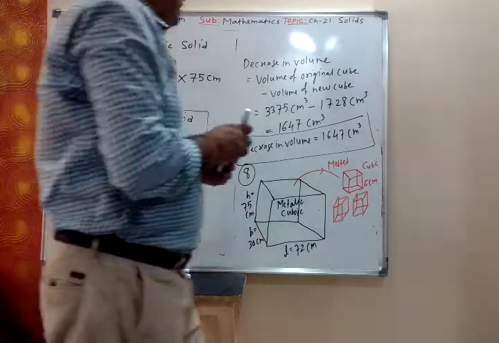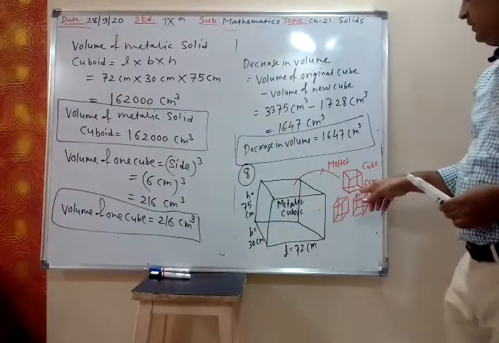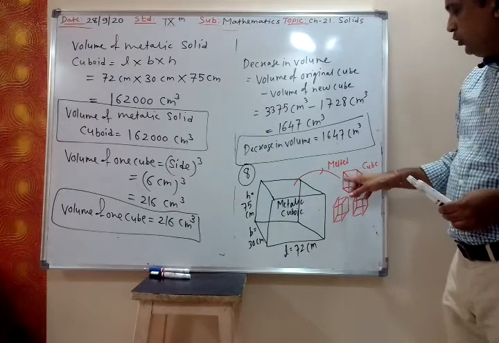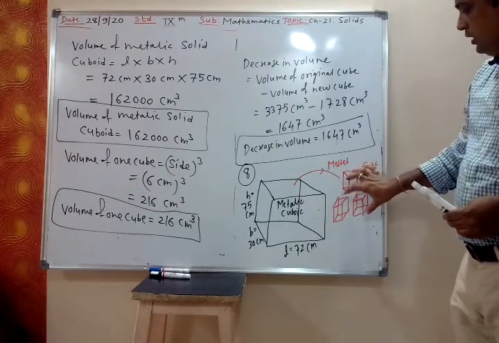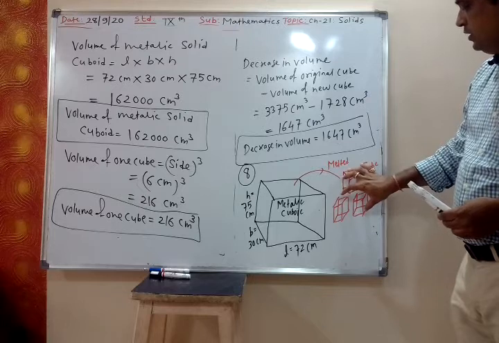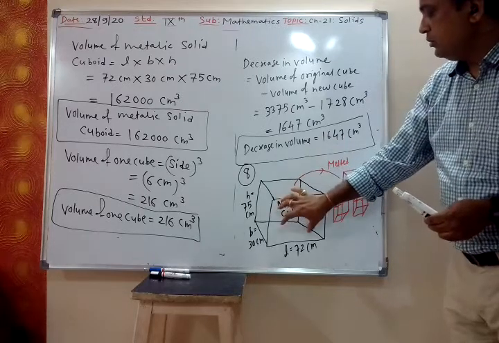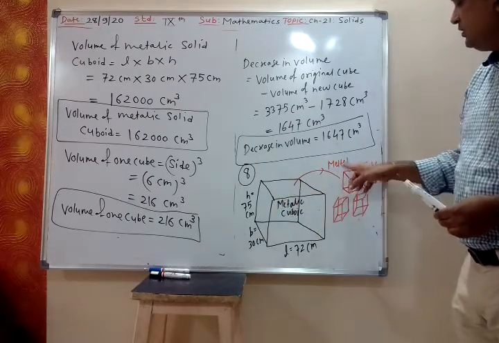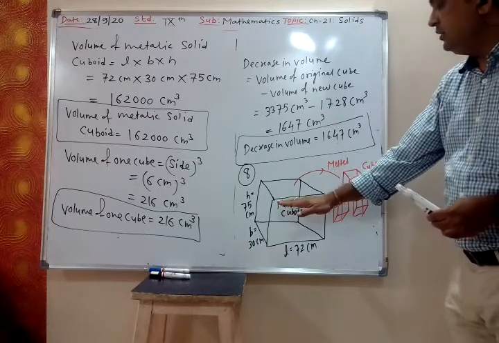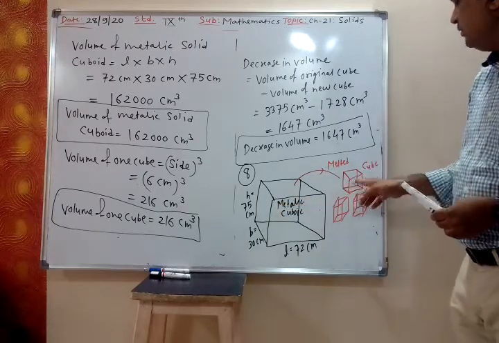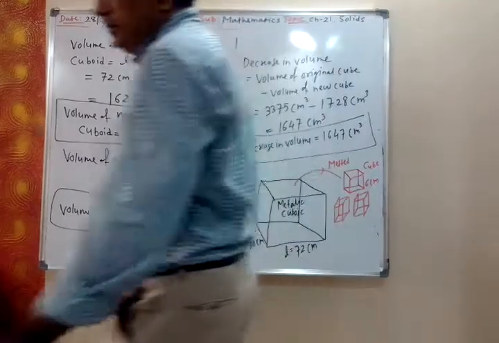Now after melting and recasting, the total volume of the cubes we get will be the same as the volume of the metallic cuboid. So to find how many such cubes there are, I will divide the volume of the metallic cuboid by the volume of one cube.